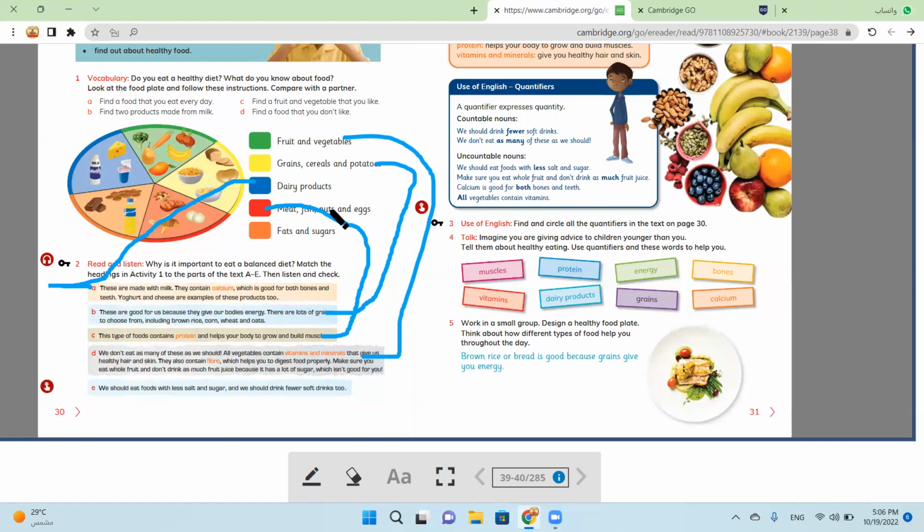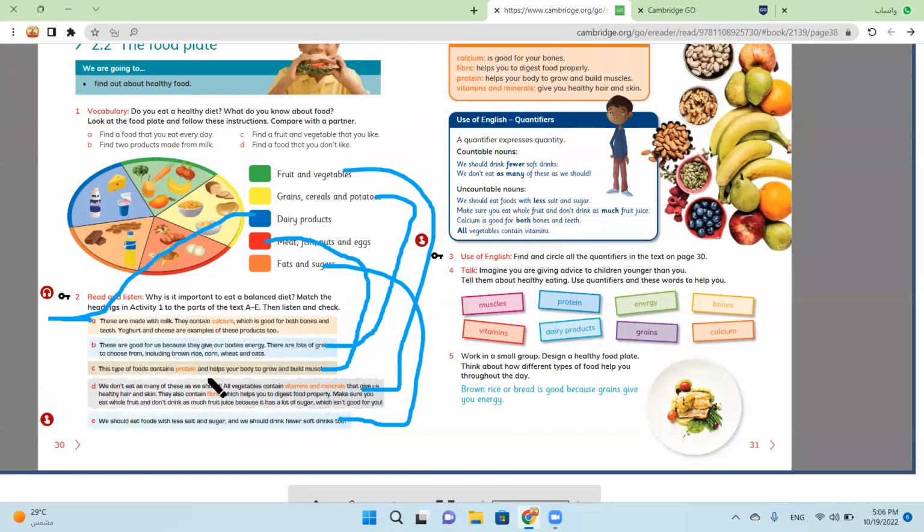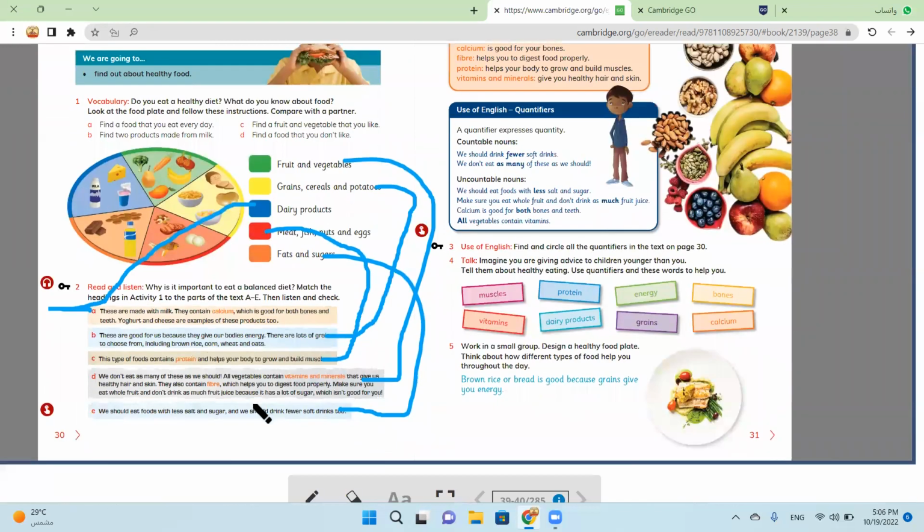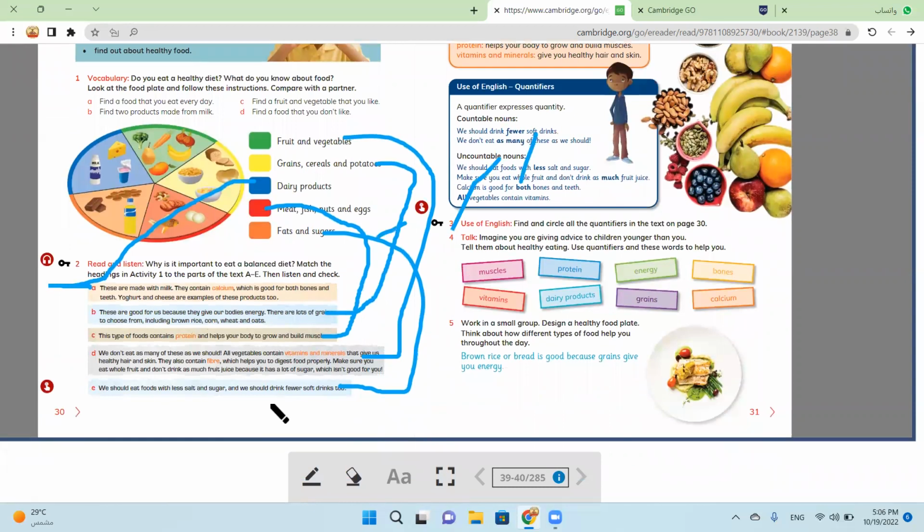And we are only left with fats and sugar. We should eat food with less salt and sugar. That's it for this part of the activity.